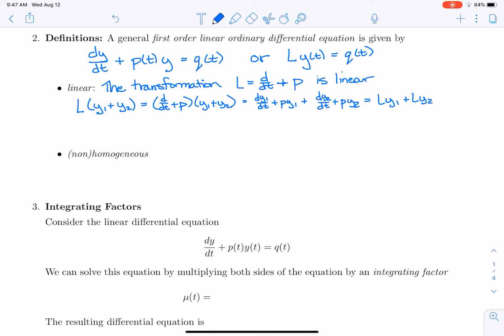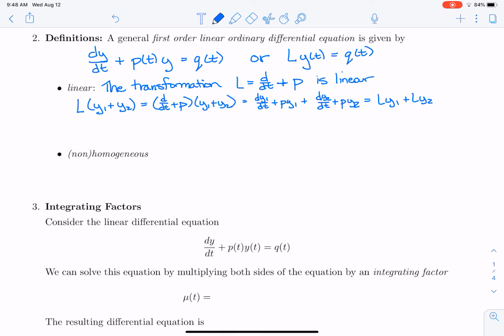So essentially, L is linear in this case because the derivative operator, d/dt, is a linear operator. We know that the derivative of the sum of two functions is the sum of the derivatives. And then multiplication is a linear operator. It distributes, okay? p times y1 plus y2 is py1 plus py2. Okay, so that's just the first part.